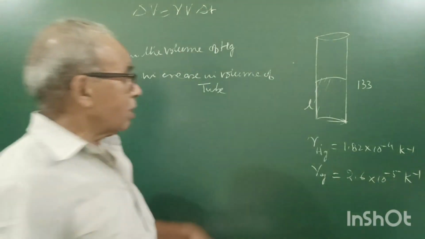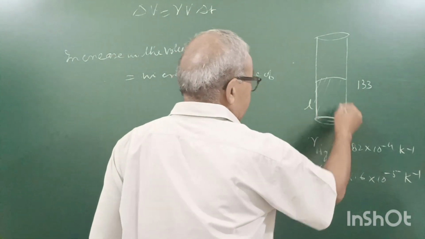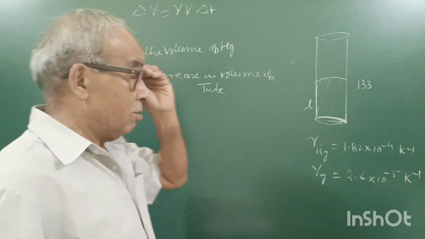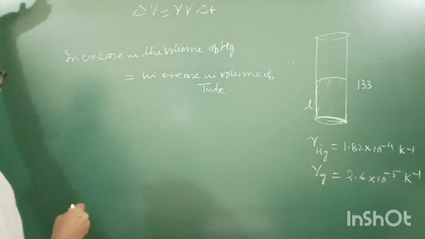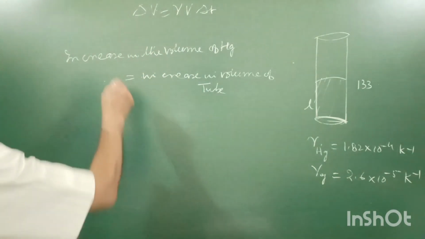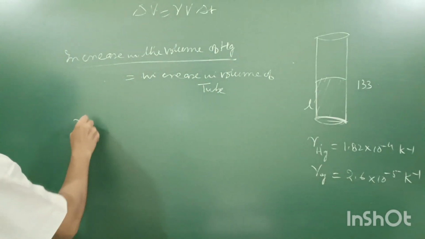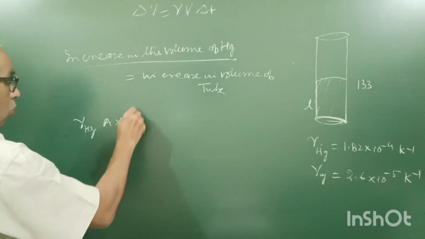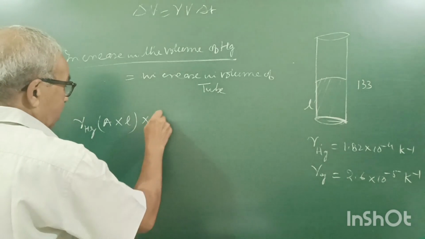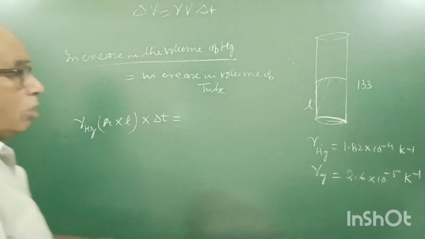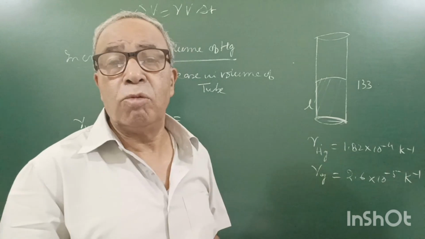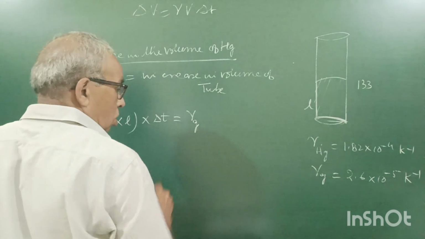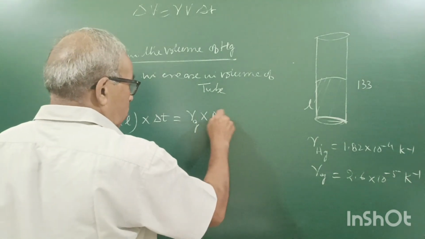So here the question was that for all temperatures the volume of the tube above the mercury surface does not change. So the increase in volume of mercury, gamma mercury into area into length, into delta T, is equal to gamma of glass into A into 133.